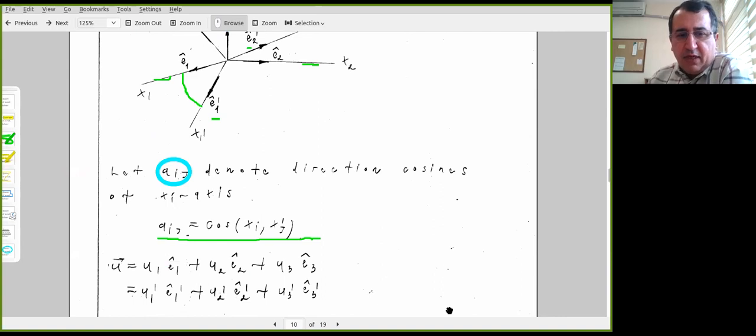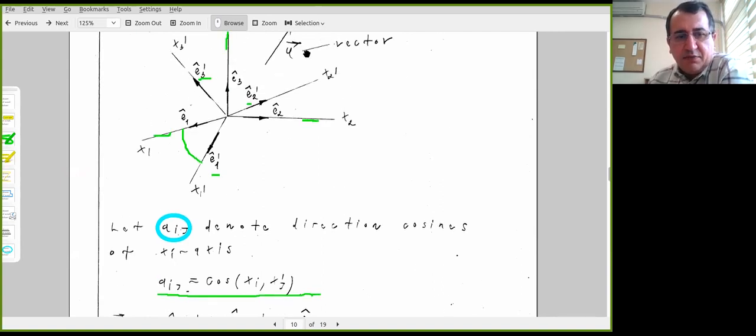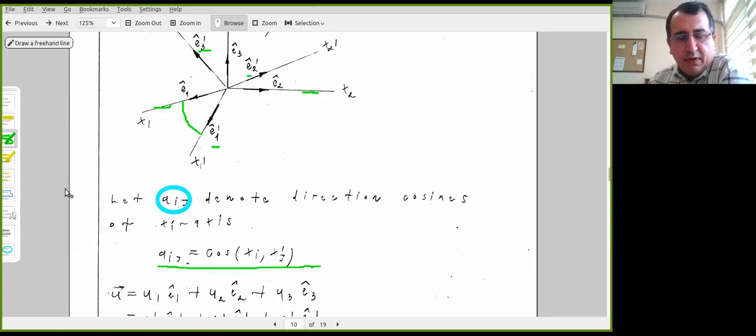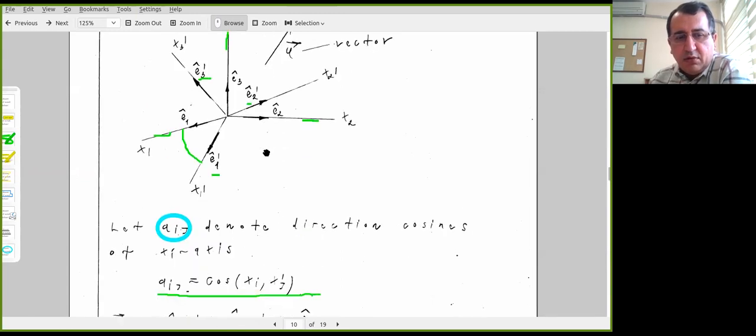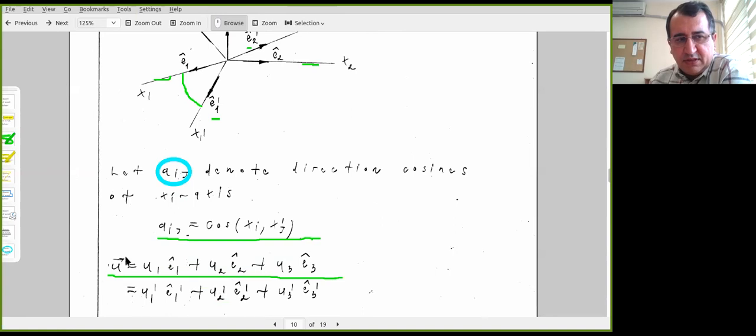Now, how can I express this vector v? In the original coordinate system, v is v1 e1 plus v2 e2 plus v3 e3. These are the scalar components of v: v1, v2, v3. In a new, primed coordinate system, the components are different.